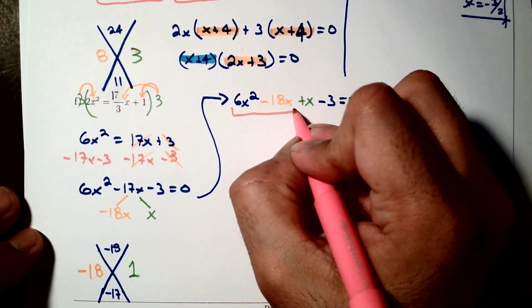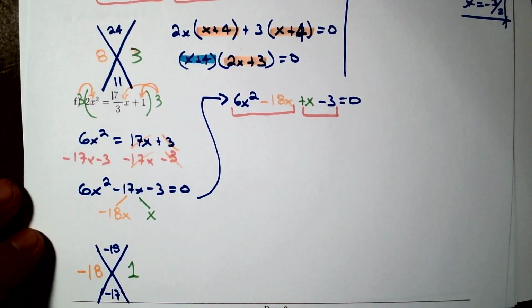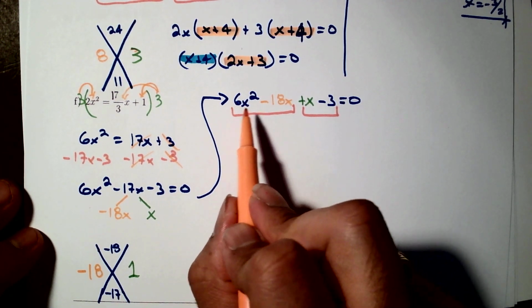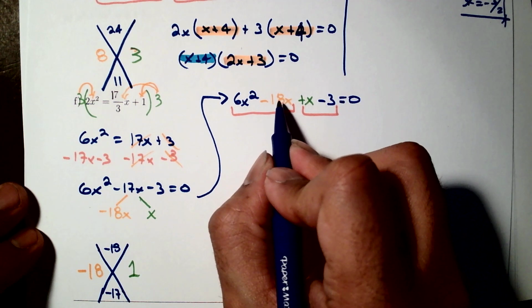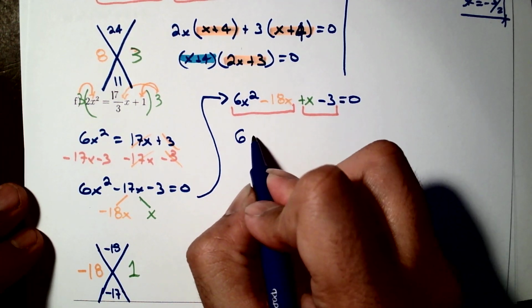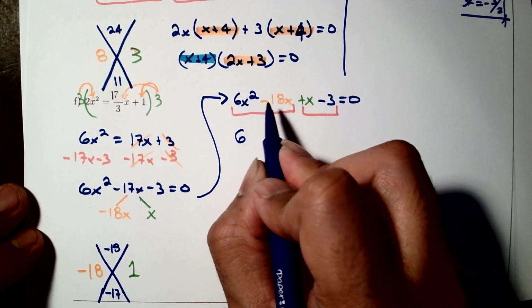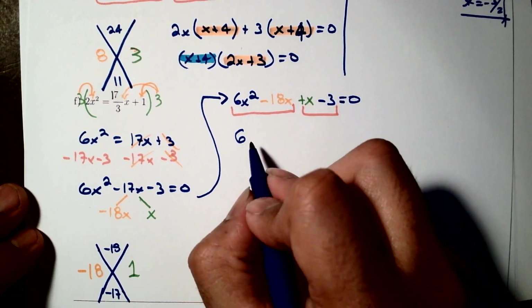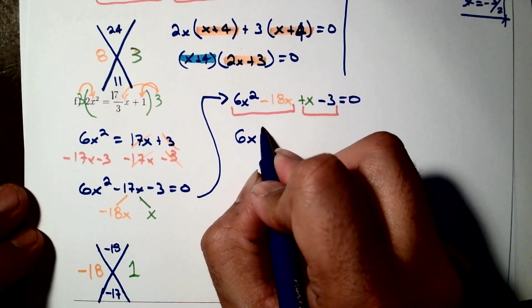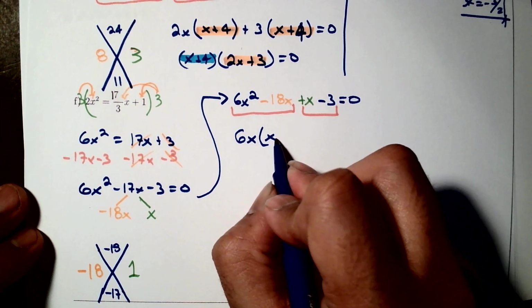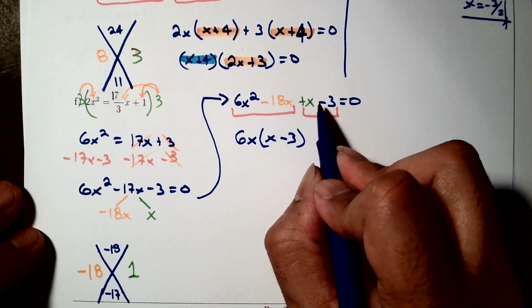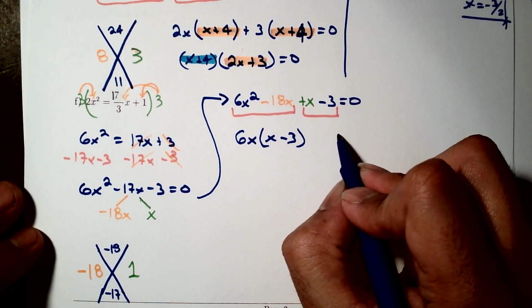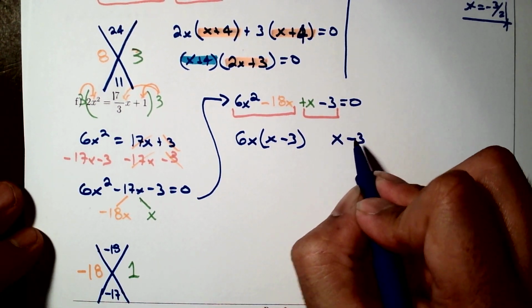Group these 2, group these 2. So in the first group, we can see that between the numbers 6 and 18, their GCF is 6. And as far as the powers of x, the lowest power is 1, so 6x is the GCF, and I will be left with x minus 3. And over here, between x and negative 3, they don't have anything in common, x minus 3.